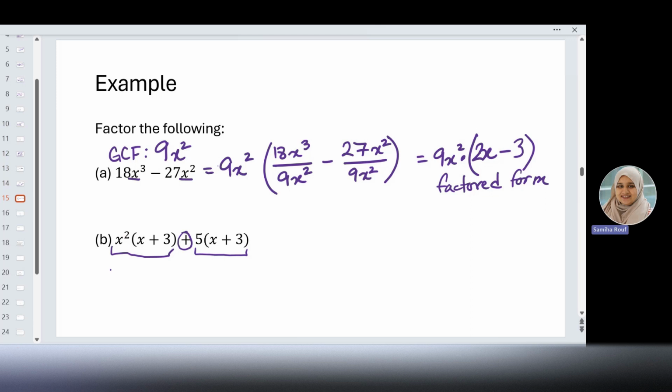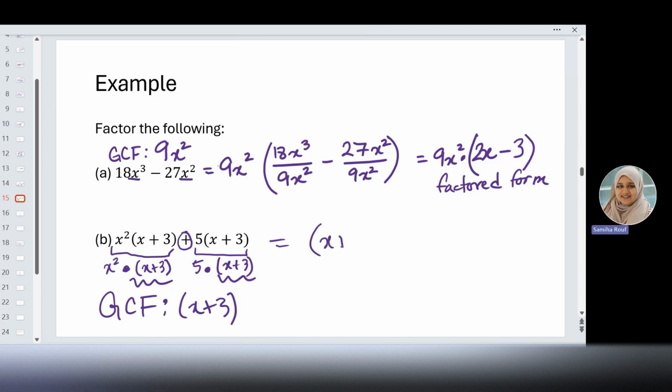Within this expression, you have the x squared being multiplied to x plus 3. Same way, you have the 5 being multiplied to the x plus 3. So the x plus 3 is the common factor between the two. So our common factor is x plus 3.